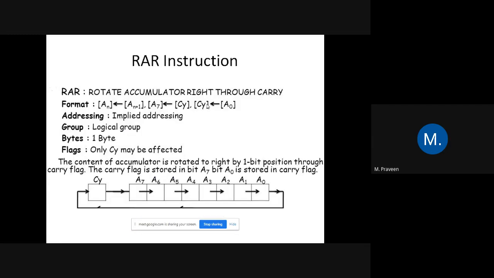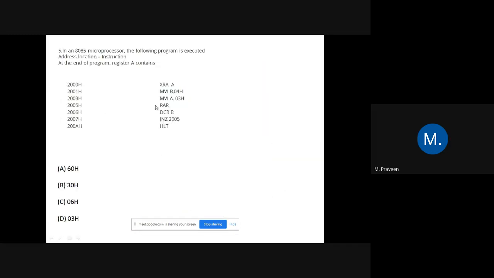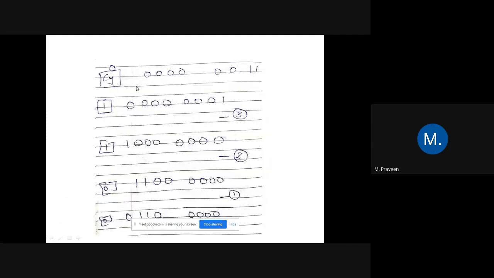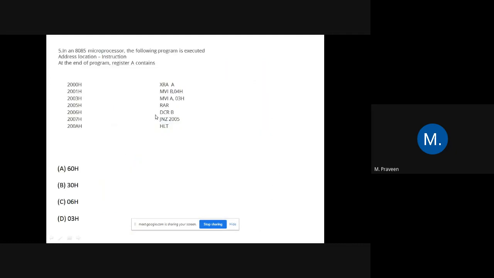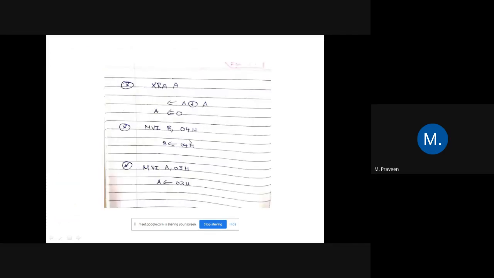After RAR we are getting the value 00000001. The next instruction is decrement B. Already we have the B value, which is 04. Decrement B means the B value will be decremented by 1, so you will get 3.